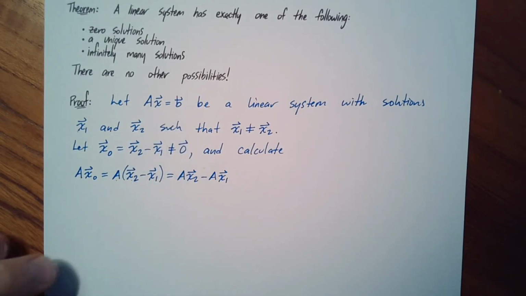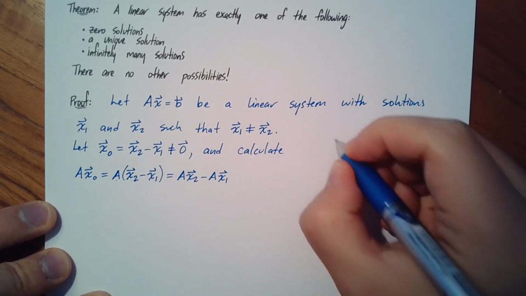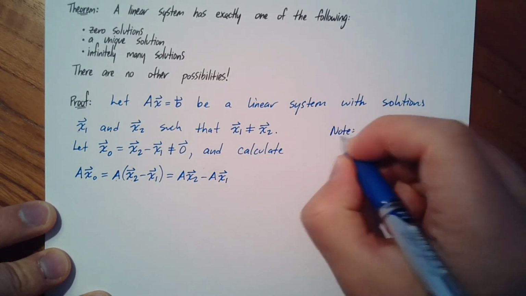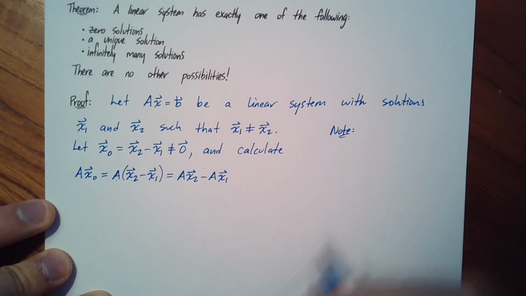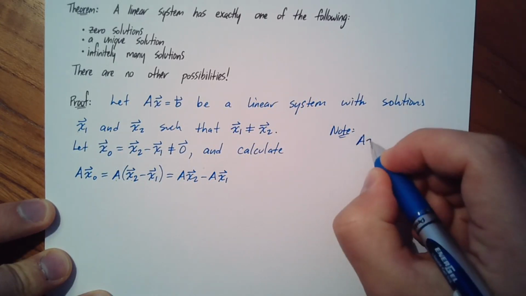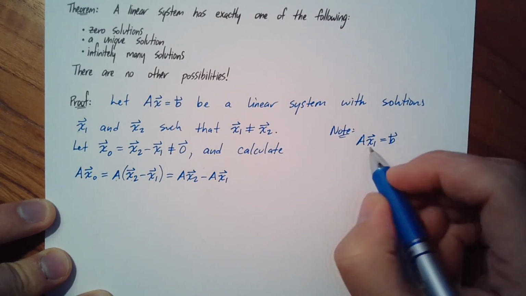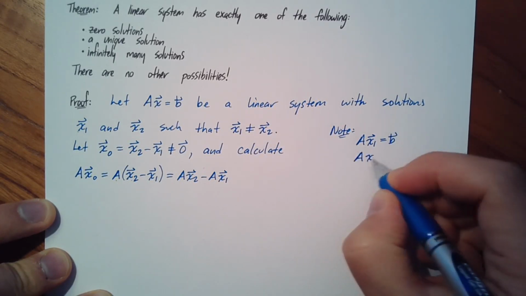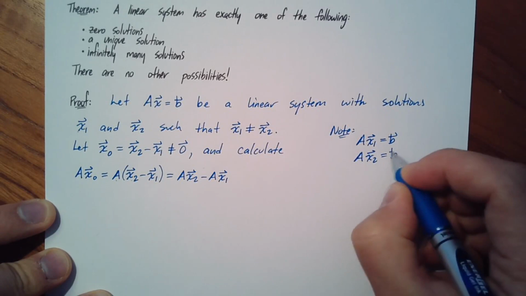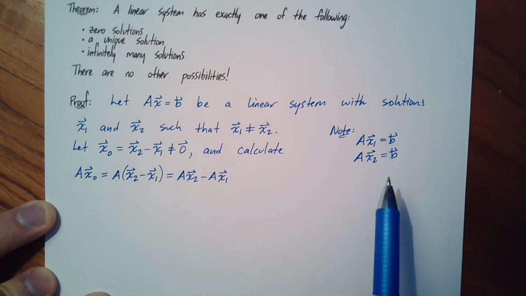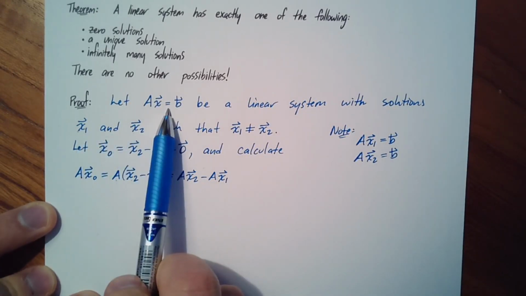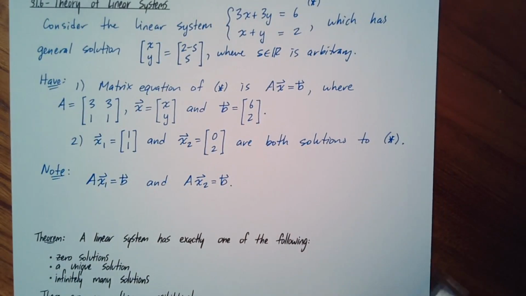And maybe it's worth writing this out separately. Note, I got some room over here. Because x1 bar and x2 bar are solutions, we have A times x1 bar is equal to B bar, and A times x2 bar is also equal to B bar. This is what it means for these to be solutions to this linear system. Again, think about this as an example.